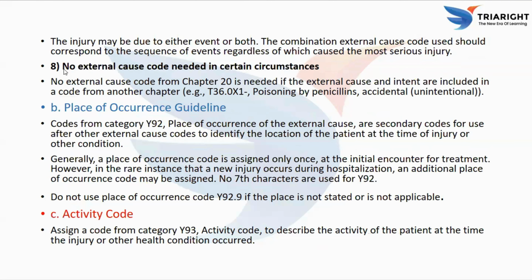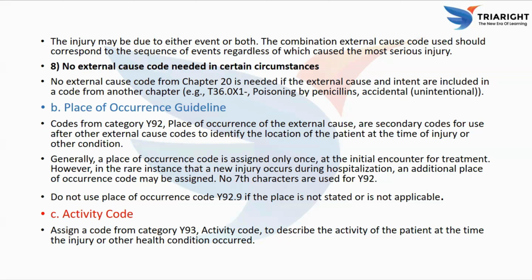So sometimes an injury happens due to more than one event in a sequence. For example, a fall followed by striking an object. So when a combination external cause code exists, you have to use one code that reflects the sequence of the events. So it does not matter which event caused the most severe injury. Coding is based on what happened first, but not the severity.